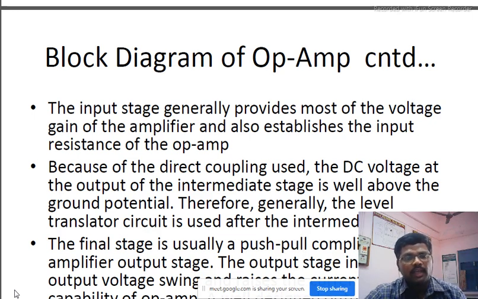Therefore, in case of the DC voltage at the output of the intermediate stage, you have to modify the ground potential, that is, the potential difference between two input terminals. You have to calculate by using the potential difference. Therefore, generally a level translator circuit is used after the intermediate stage.